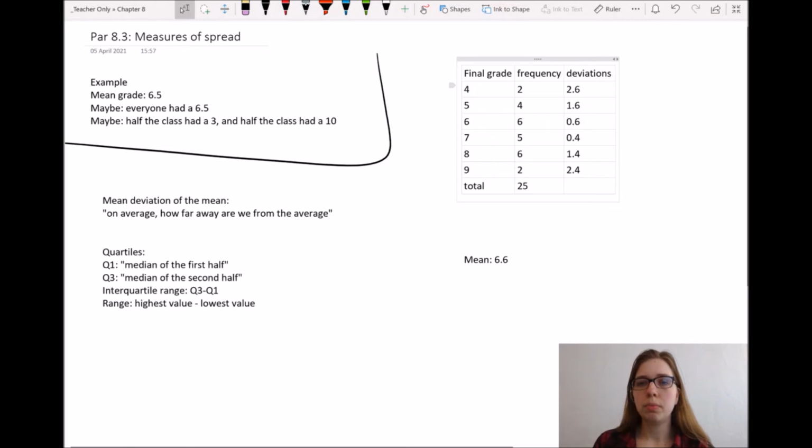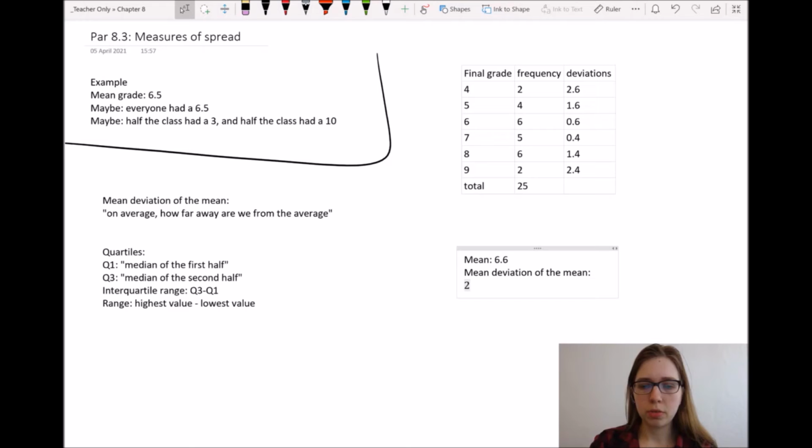I have 2 values of 2.6, 4 values of 1.6, 6 values of 0.6, etc. And I calculate the average of that. So what I do, my mean deviation of the mean, I calculate my 2 times 2.6 plus 4 times 1.6, etc. I add all those deviations together, and I still need the mean.